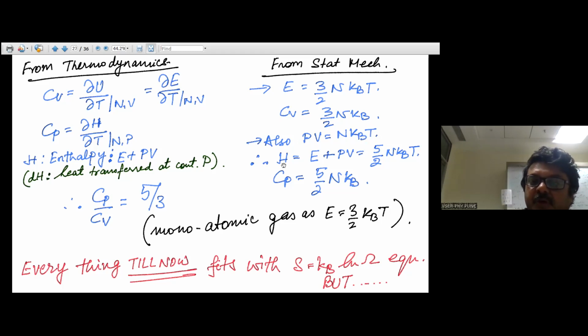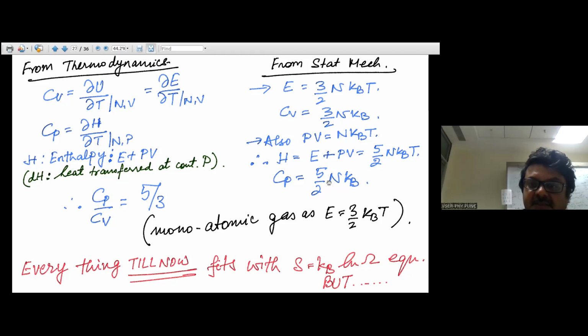And if you calculate H using the thermodynamic relation, H equals E plus PV, we have expressions for E, we have expressions for PV. This is 5 by 2 nkBT.